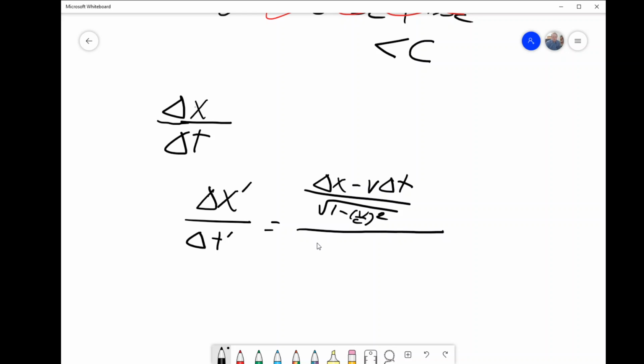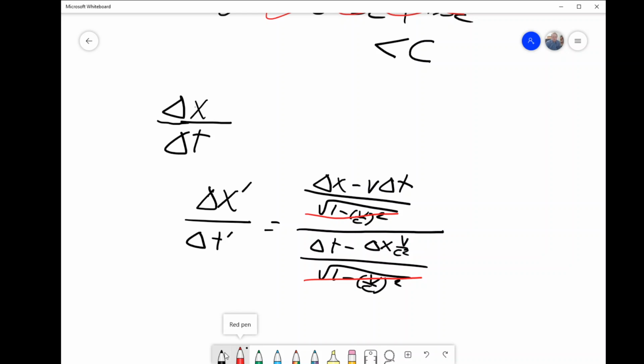And our change in time is going to be delta t minus delta x v over c squared, and that's also over the square root of 1 minus v over c squared. Now these cancel out. What we do get is delta x minus v delta t over delta t minus delta x v over c squared.